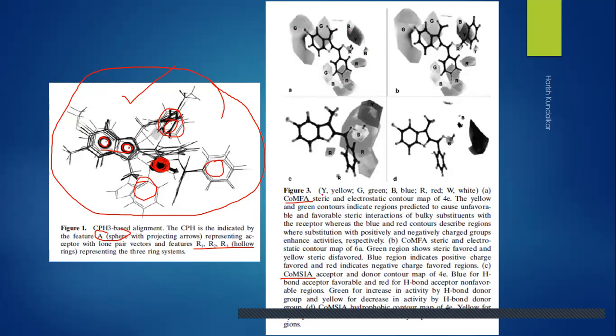What those colors mean is also mentioned. For example, in this particular figure, yellow and green indicate regions predicted to cause unfavorable and favorable steric interactions with bulky substituents. So yellow means unfavorable, and yellow is somewhere here.